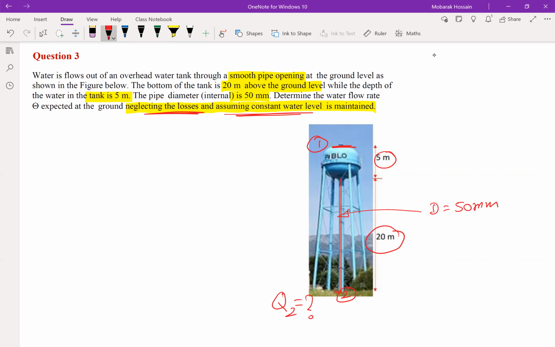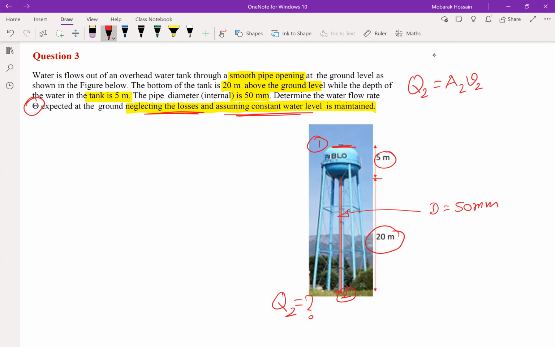So two assumptions are given. We need to find out the water flow rate, which is basically the volume flow rate. Q2 will be equal to area 2, that means the pipe area at location 2, times the velocity of the water at point 2. Since the pipe diameter is given, we can find the area. If you know these two, we can find the water flow rate at the ground level.